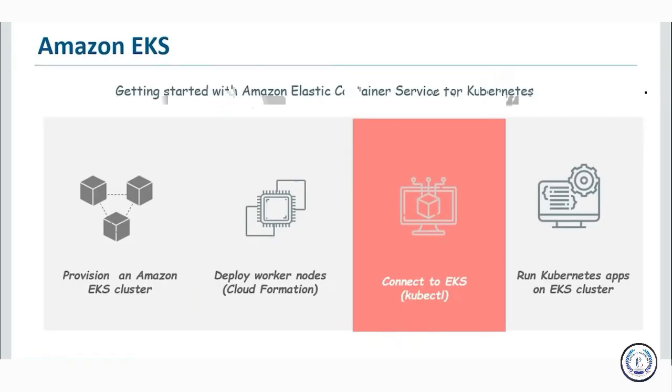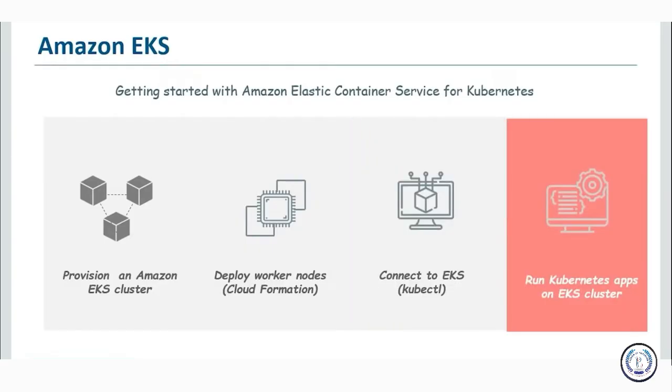So once your cluster is ready and once your worker nodes are there, then you need a tool to access your Kubernetes cluster, right? So this is where you can use Kubectl or Kubeadm or Minikube and many other options. As for the demo part of the session, we'll be using Kubectl to access the Kubernetes cluster. And finally, once the cluster and worker nodes are up and running, you can easily launch your application on the Amazon EKS cluster the same way you would with any other Kubernetes environment.